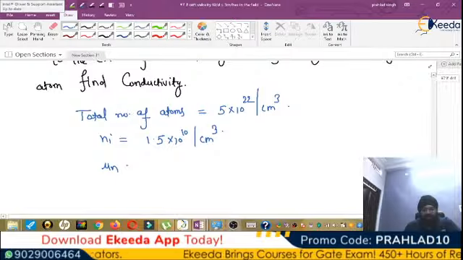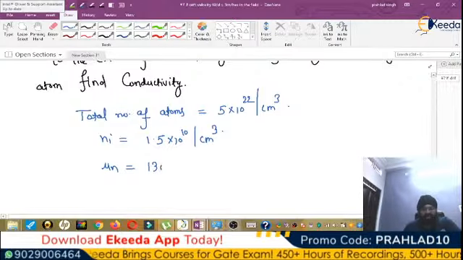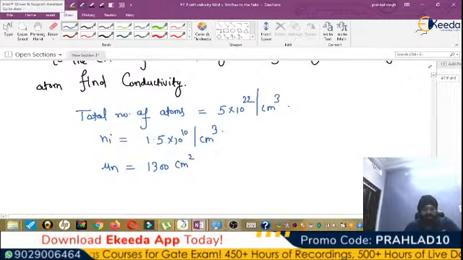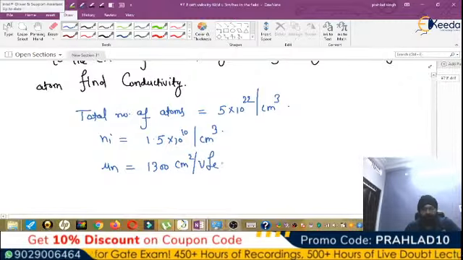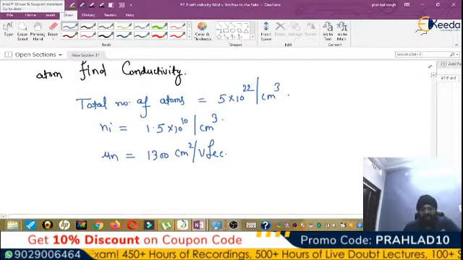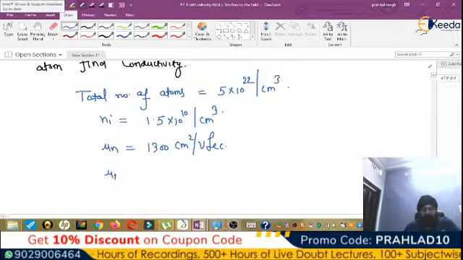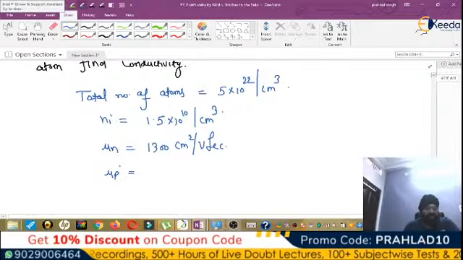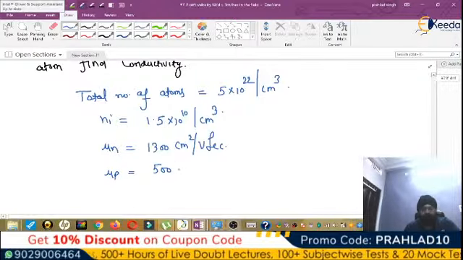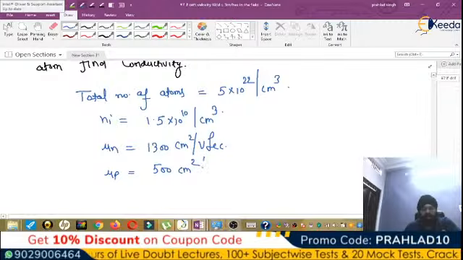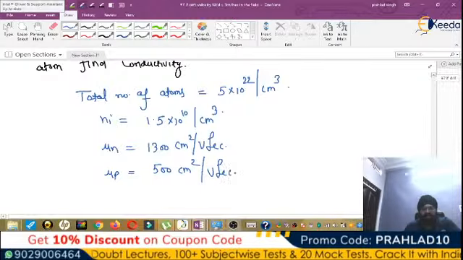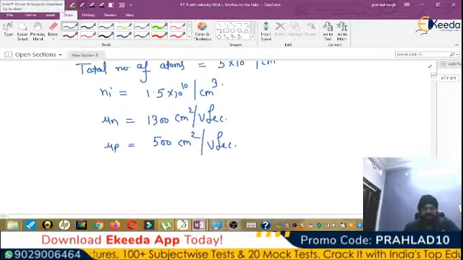And mu n, which is the electron mobility, is given as 1300 centimeter square per volt second, and the hole mobility is given as 500 centimeter square per volt second.